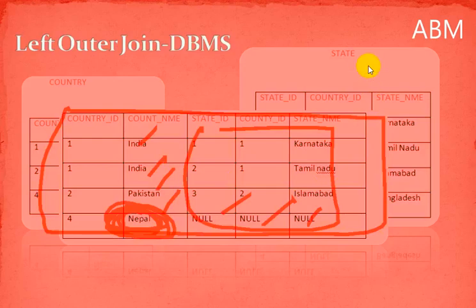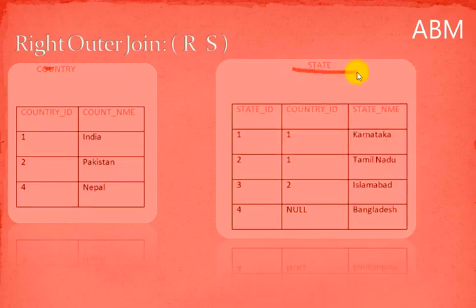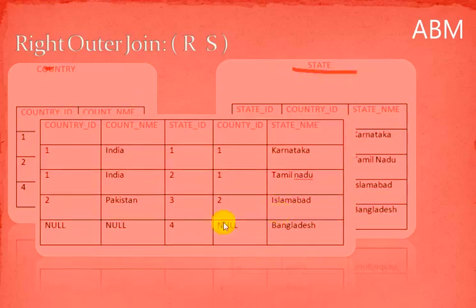In the right join, all the data from the right table which matches the left one will be shown. For example, you can say this is the same country table and this is the same state table, and here you can see that Nepal is not listed because it is not in the first table.